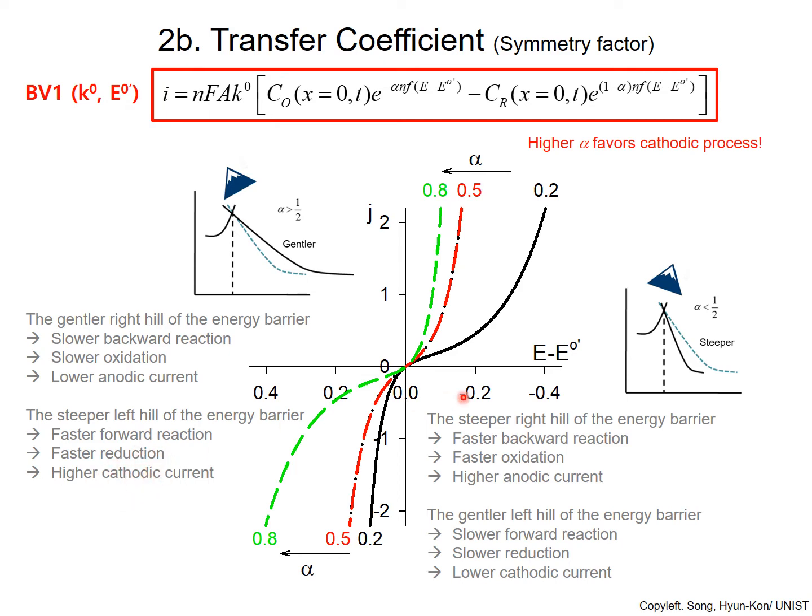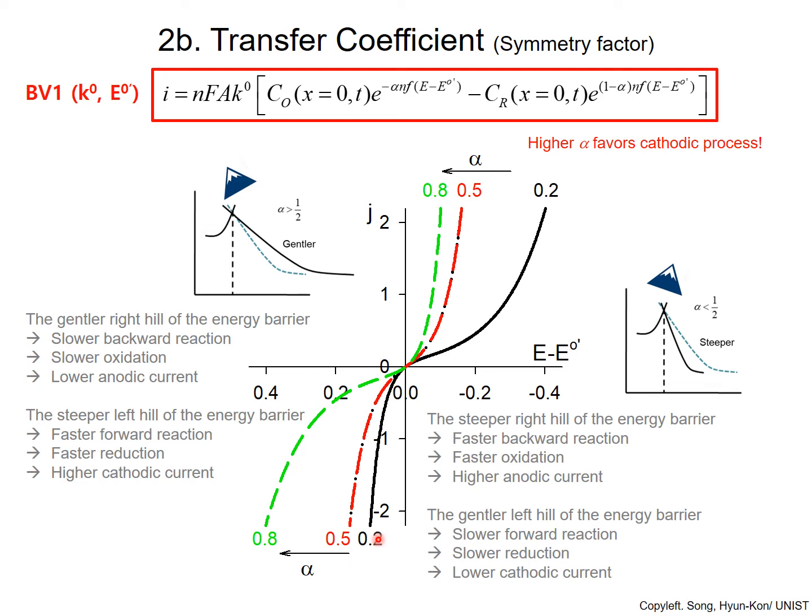Let me check it. In the cathodic process, at a fixed potential, you will have the highest cathodic current for 0.8 when compared with 0.5 or 0.2 here. In the anodic region, the 0.8 value for alpha would provide the smallest values of the current when compared with the cases of 0.5 and 0.2.